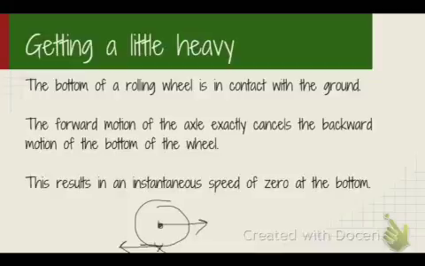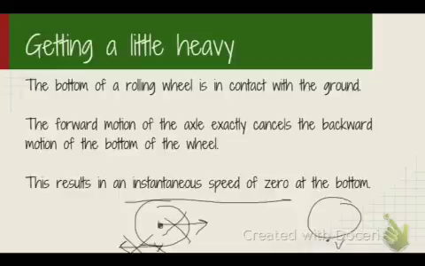These two would cancel each other out. This results in an instantaneous speed of 0 at the bottom of the wheel. So if I have my wheel, the instantaneous speed right here is 0 because it's being canceled with that forward motion up top.